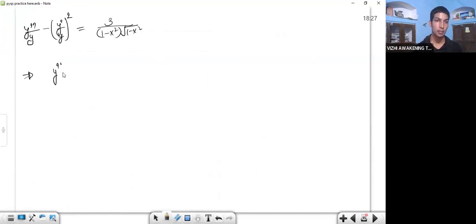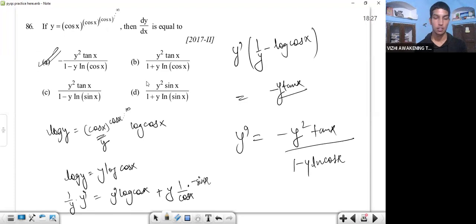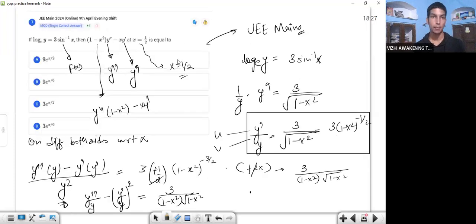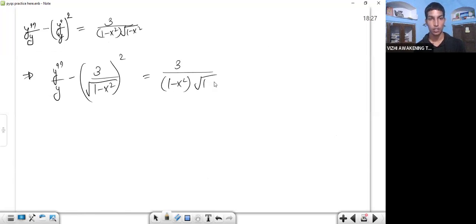So y double dash by y minus, with what was that? 3 upon square root of 1 minus x square. And its square is there. Is equals to 3 upon 1 minus x square into square root of 1 minus x square.